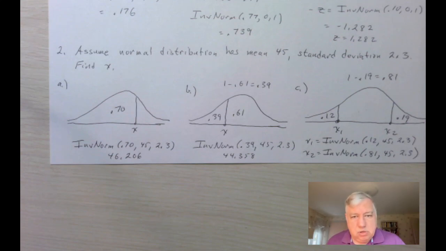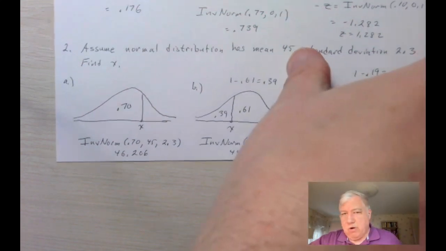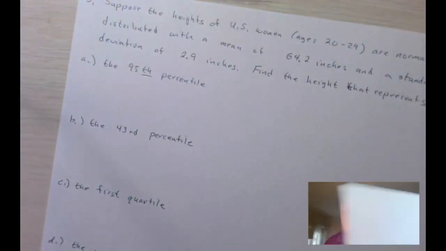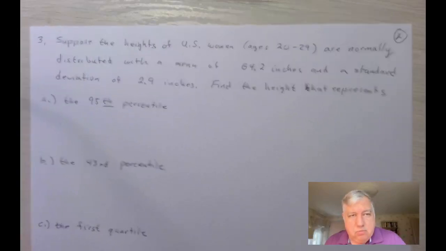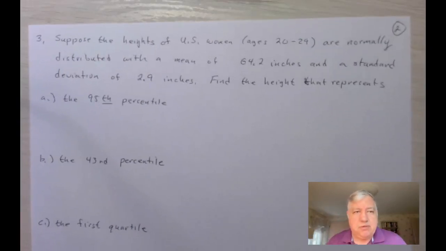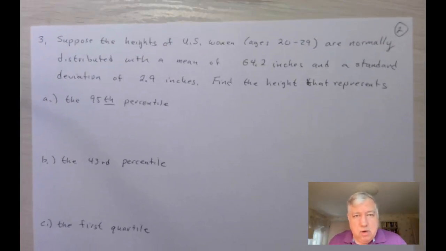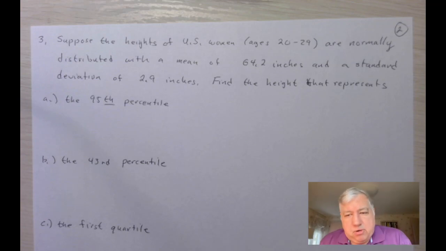All right, let's look at the next page, and here's a little more on a practical application. Okay, you say, well, what are we going to use this for in the real world? Well, we use this to find percentiles among other things. Because we can interpret this area as not just probability, but as parts of the population.